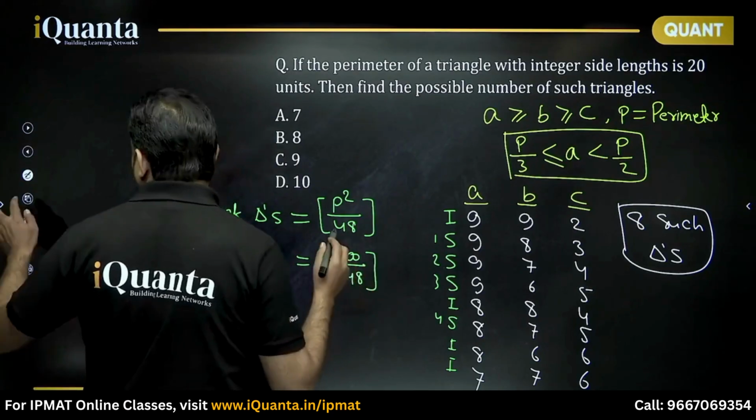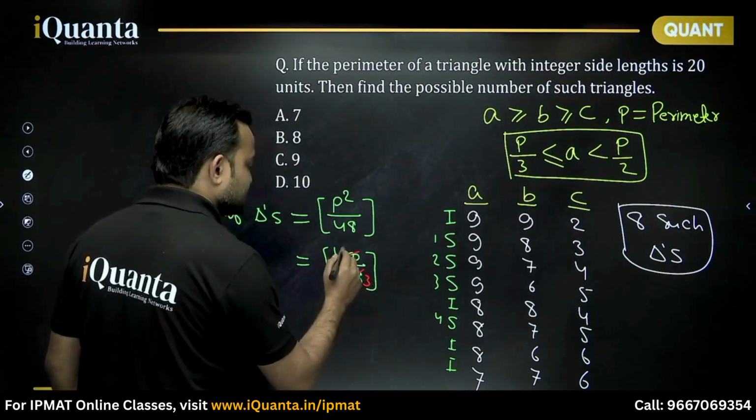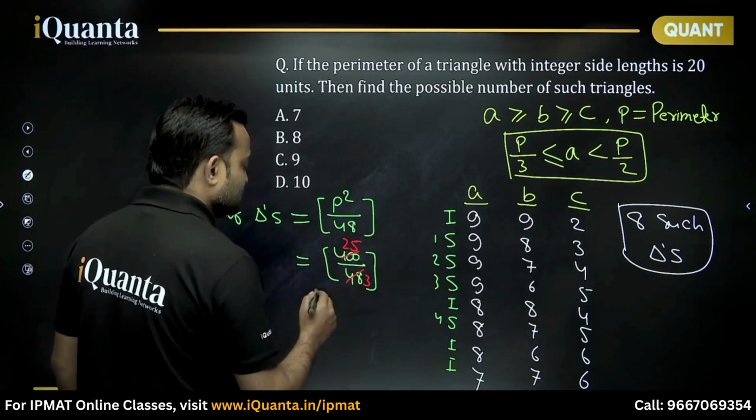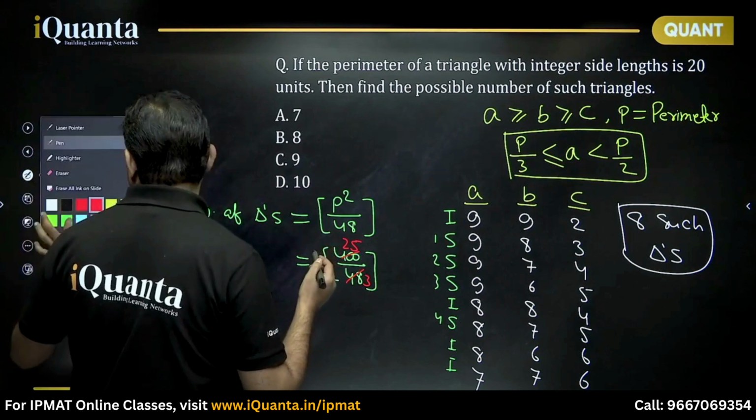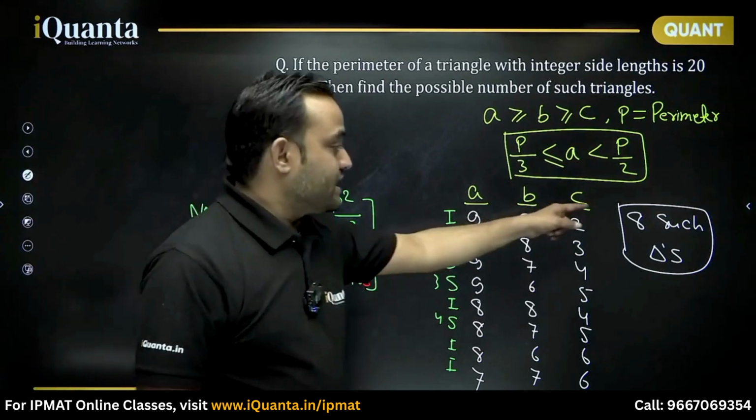How much will 400 by 48 come to? This is 16 into 3, this is 16 into 25. So this value will be exactly 8, right? 8 came, so 8 is the answer here.